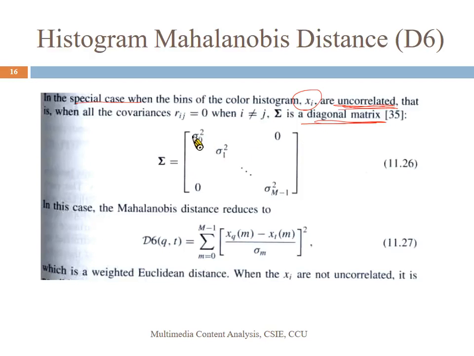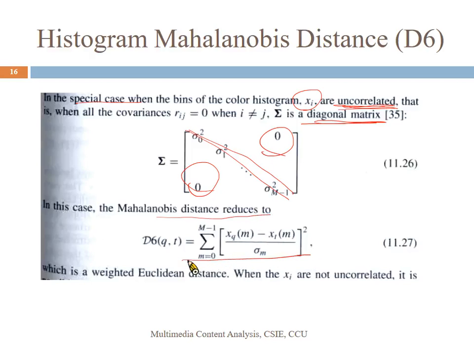Only the values on the diagonal would be larger than 0, and the entries outside the diagonal would be equal to 0. That means different colors are totally uncorrelated. In this case, the Mahalanobis distance would be reduced to this case.